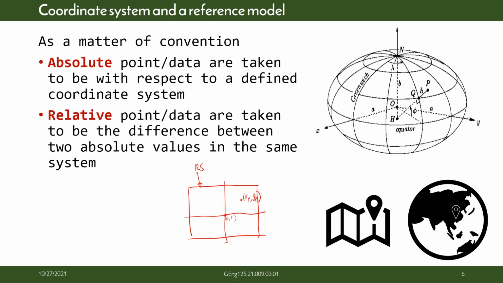When we say relative point data, they are taken to be the difference between two absolute values in the same system. For example, you have another one, say x sub s, y sub s. They are relative to each other. That's the same with surveying, let's say in property survey.